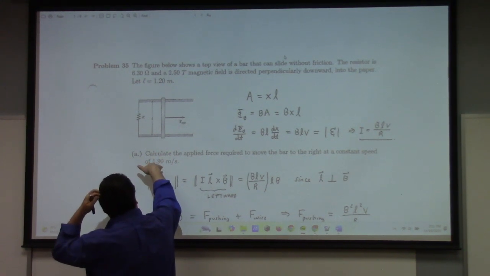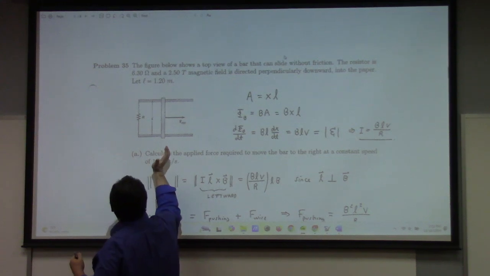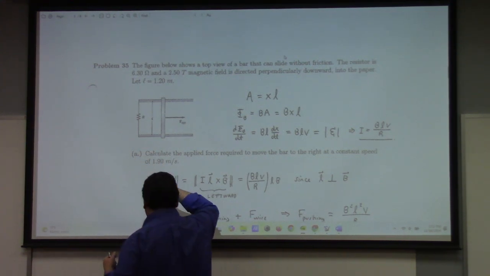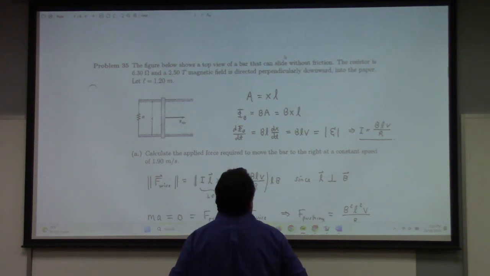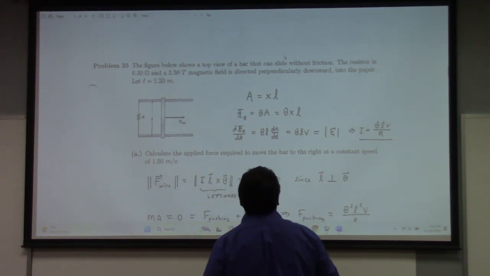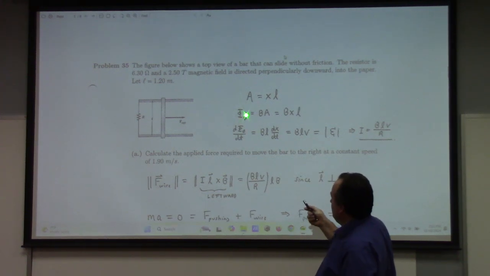So the induced current wants to oppose that increase, and so it wants to make a flux that goes out of the page. So you want a counterclockwise current. In any event, the magnitude of that current is given by the derivative of the flux with respect to time.